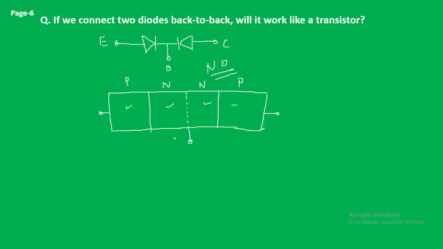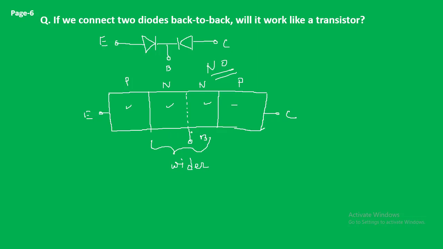Now second thing is that this part is supposed to be the base part of the transistor, because if we consider this N material which is sandwiched between two materials, this is supposed to be the base. The width is quite high, this is much wider compared to the two P regions, which are supposed to be the emitter and the collector.